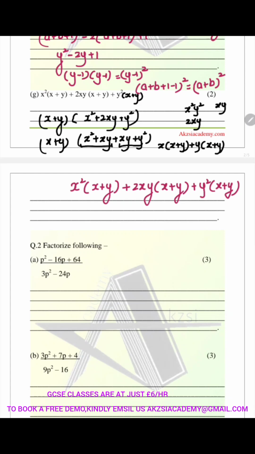So finally, our factors would be (x + y)(x + y). So x + y times this whole bracket is nothing but (x + y)(x + y), and you can see we are multiplying x + y three times. So it's nothing but (x + y)³. That's our final answer. Moving on to the next question.